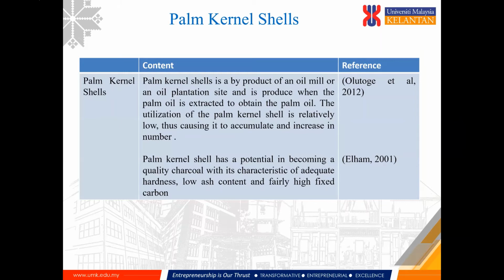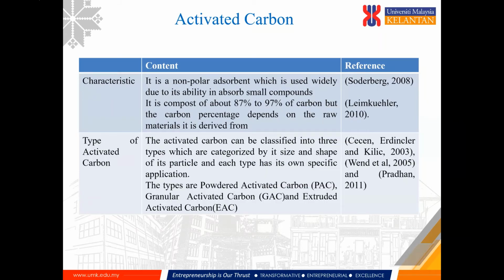Palm kernel shell has potential to become quality charcoal with its characteristics of adequate hardness, low ash content, and fairly high fixed carbon. Activated carbon can be classified into three types: powdered activated carbon, granular activated carbon, and extruded activated carbon. For this study, powdered activated carbon was produced.